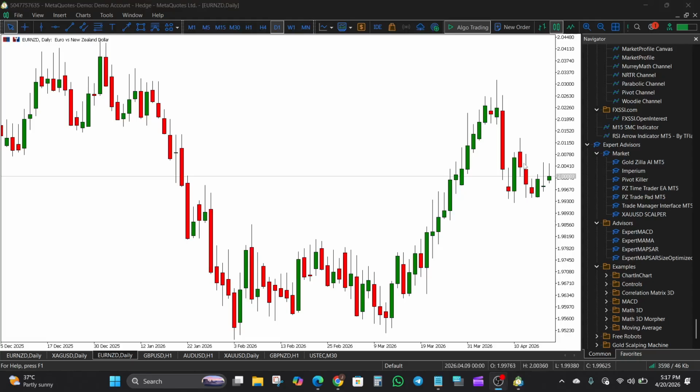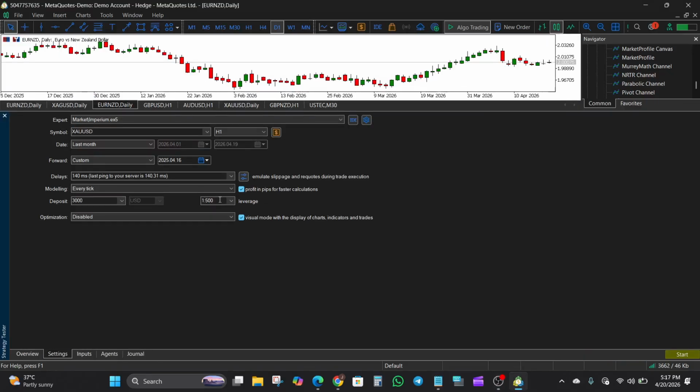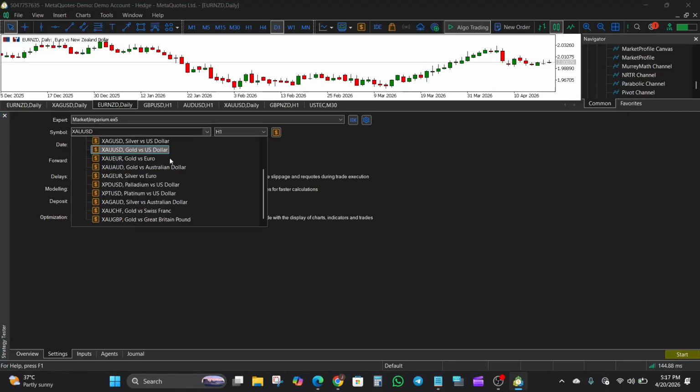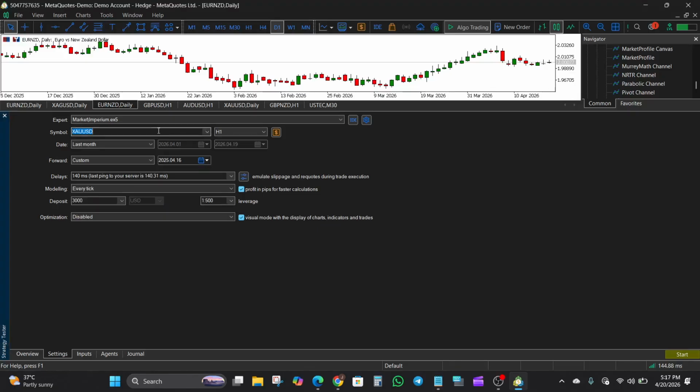Now, having added the EA to our navigator, we are just going to be testing it immediately. All right. So these are the parameters I was talking about. You can change the symbol. Since the expert advisor is optimized for EURUSD, let us just test it using the EURUSD pair.